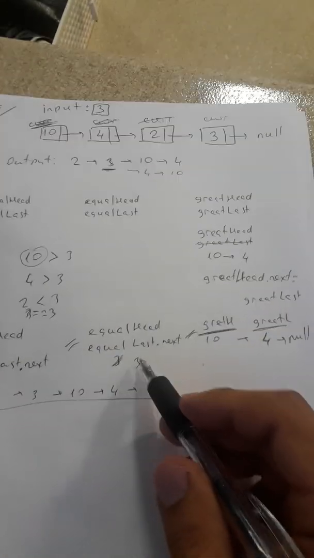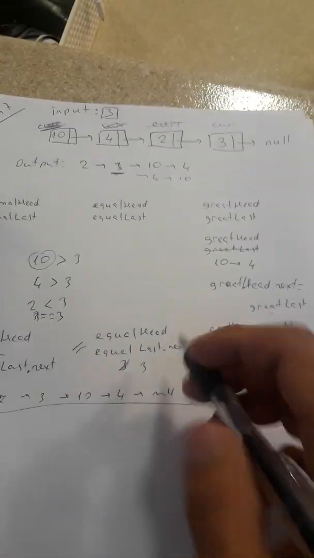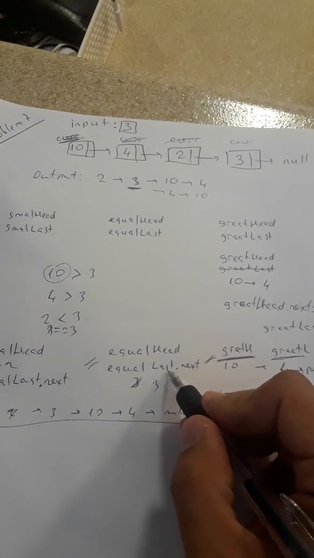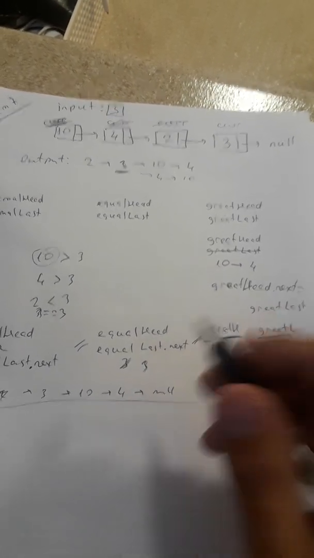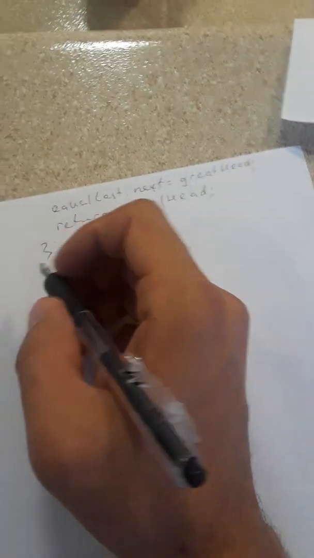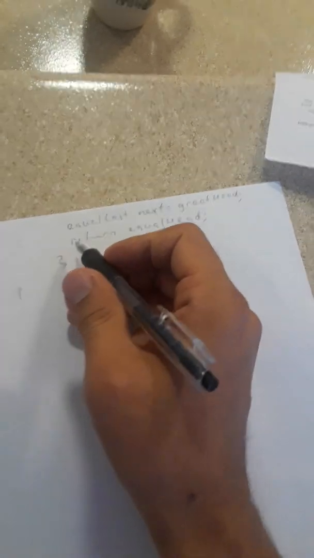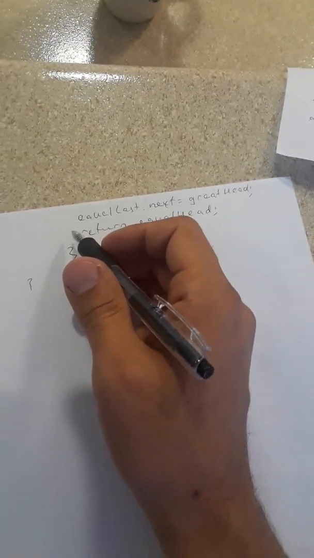So meaning like we don't have small head, but we have equal head. In that case, we just connect the tail of our equal with the greater and return the equal head. So that was if we don't have anything in our small head.